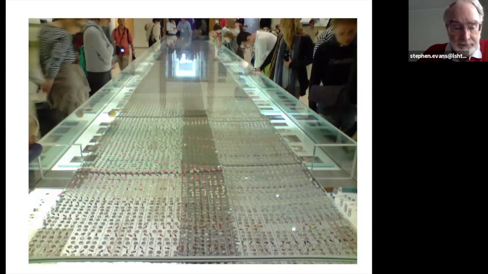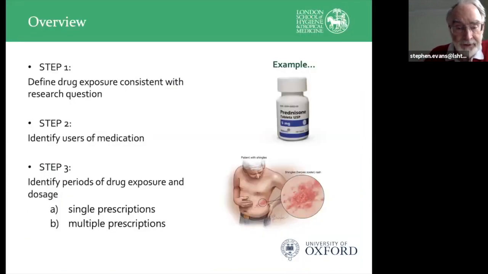The medicines can be of enormous variety, and this is a set of the pills from an exhibition in the British Museum that is the typical set of pills that one individual would take during their lifetime. And you can see that there's an enormous range of those pills. So we're going to go through steps of defining drug exposures and identifying the users and periods of use of the medicines.